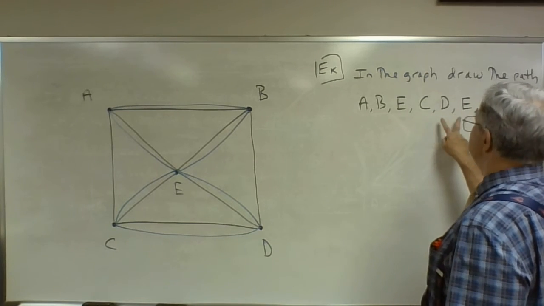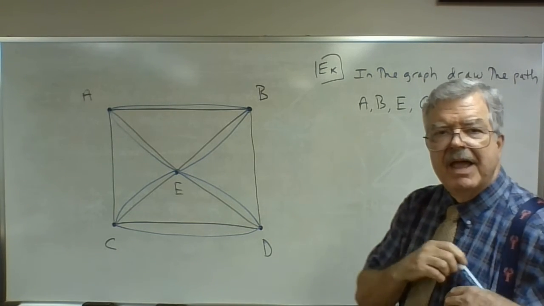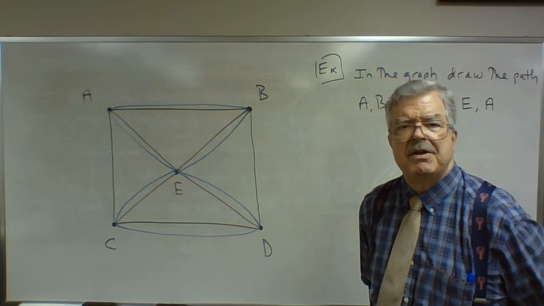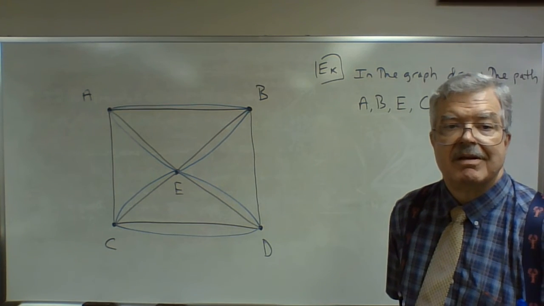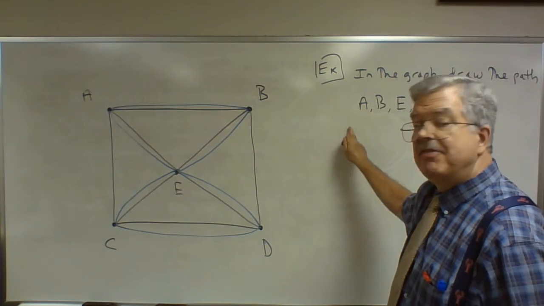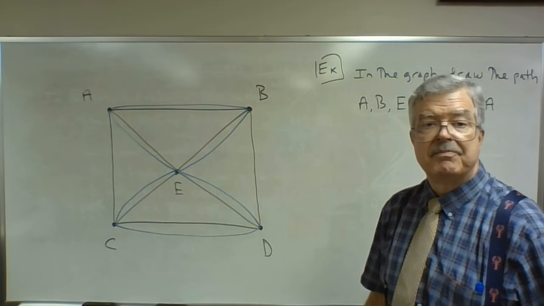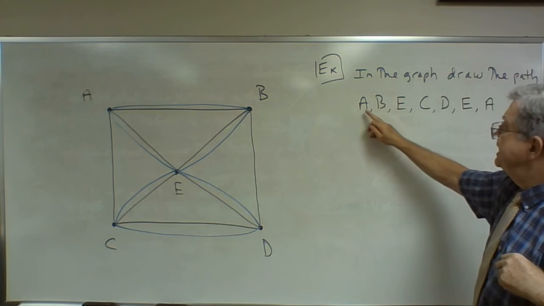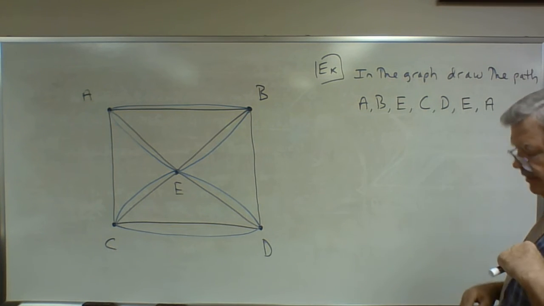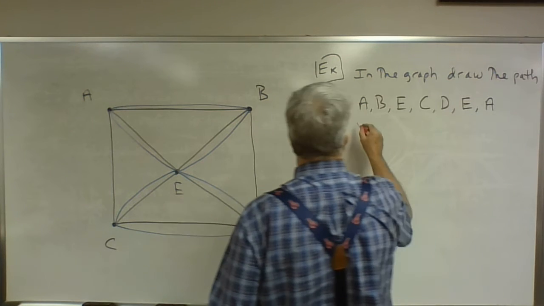So we sketched the path, and is there something else that we notice about the path? Yeah, the path is a circuit also. The path begins and it ends at the same vertex.